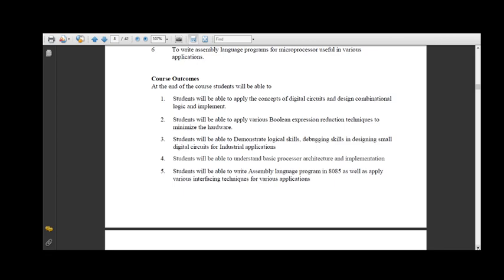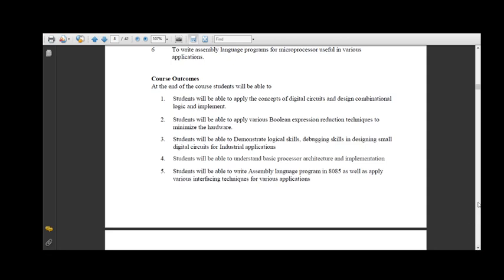Then the students will be able to apply various Boolean expression reduction techniques to minimize the amount of hardware for the circuit implementation. Also, the students will be able to demonstrate logical skills and debugging skills in designing small digital circuits which are needed in industrial applications.